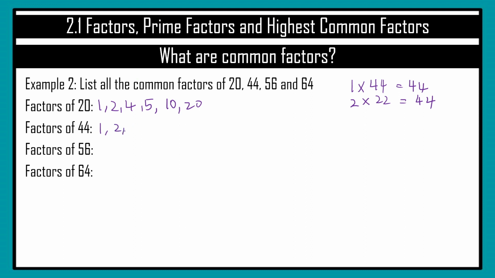So we got 1, 2, 4, 11, 22 and 44. Those are the factors of 44. The next one we want to list out is 56. We always get 1. This is an even number, so confirm, we got 2.